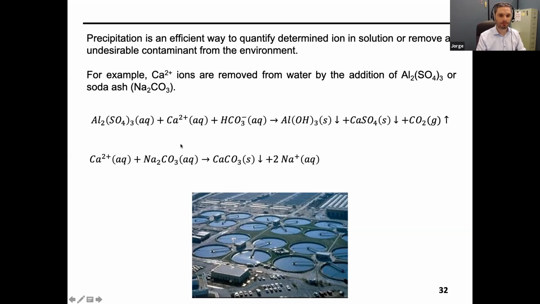The other way is by adding sodium carbonate. Again, calcium will combine with carbonate, forming calcium carbonate. This salt is insoluble, so it will precipitate, forming a solid, and again you can filter or decant and get rid of the calcium. Okay, so that's an example of a practical use of a precipitation reaction. We are always looking to precipitate something because it's just easier to separate from the rest of the solution.